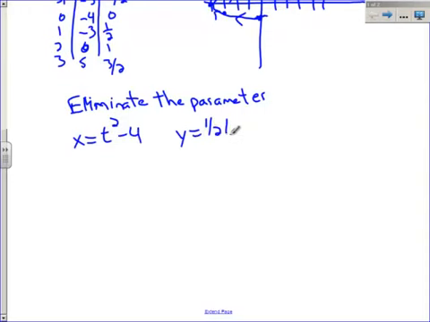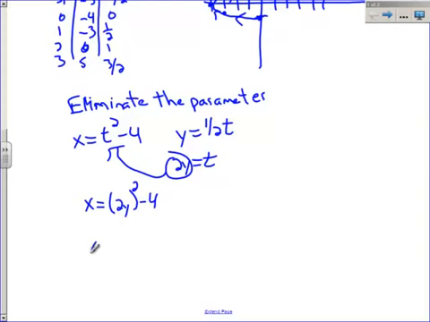So what we can do is just solve one equation for t and just plug that in right there. So if we plug that in, we'll get x equals 2y squared minus 4, and we get the equation of that sideways parabola, that non-function that we were looking at earlier. So, parametric equations allow us to graph non-functions and introduce a third variable.